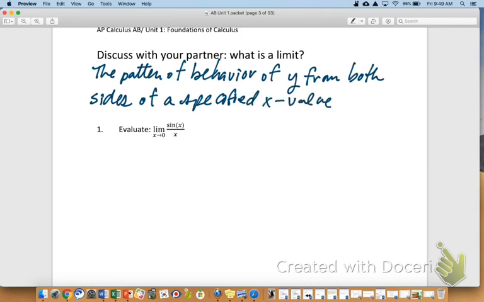It's the pattern of behavior of y as you consider that pattern of behavior from both sides of some specified x value. And that's, like Joey said, as x approaches some number, that's my specified x value. And the infinitely close is kind of this pattern of behavior. And I do have a super high-tech illustration for you of this. And it's not that high-tech, actually.